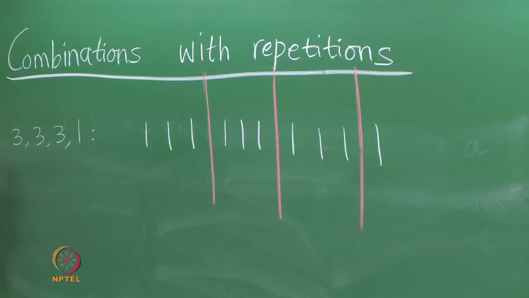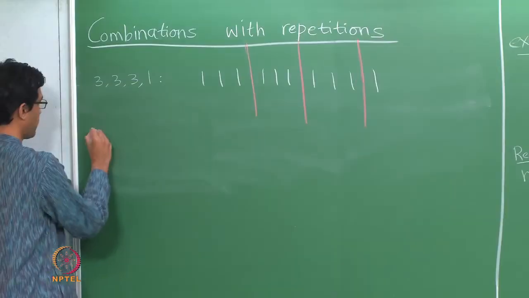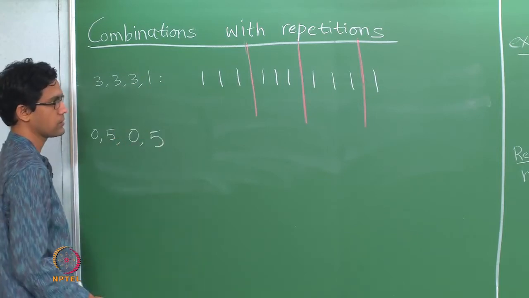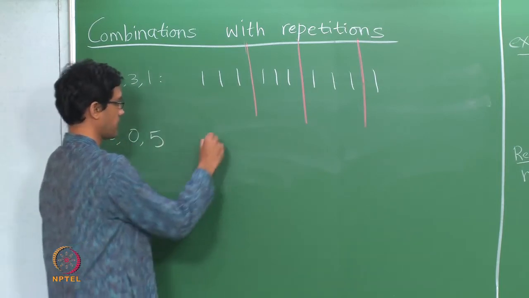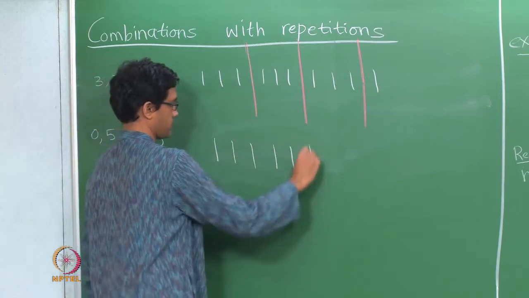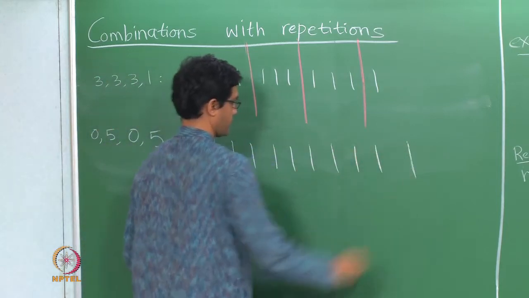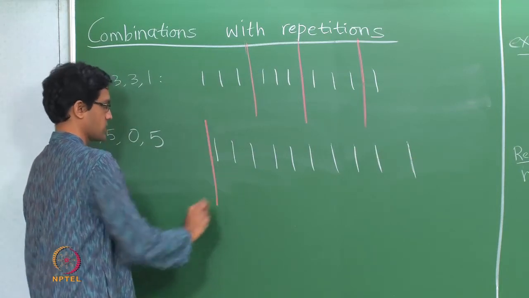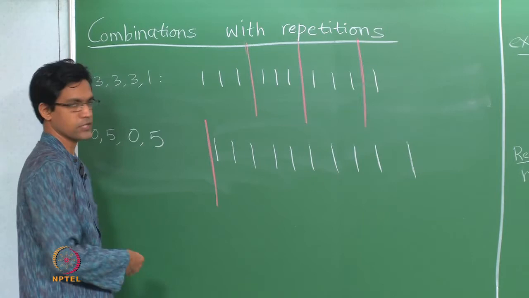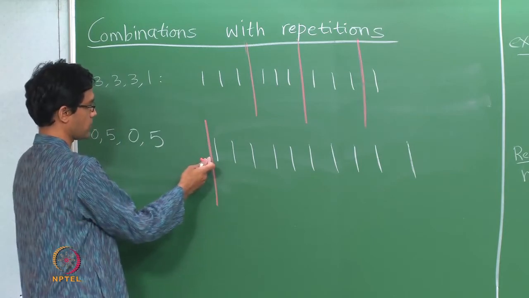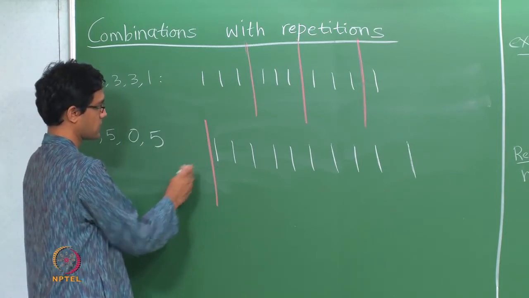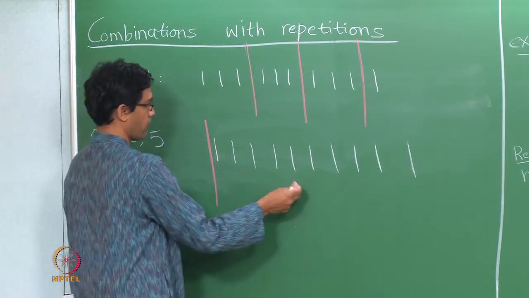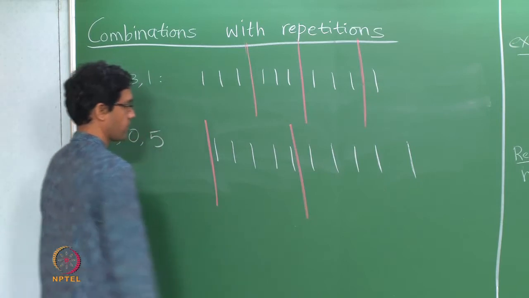Let's take our other example, 0, 5, 0, 5. That's yet another solution to this equation. Now how would that be represented? So 0 means that the first divider occurs right in the beginning of this list. The number of ones to the left of the first divider is a 0. Now I need a 5, so 1, 2, 3, 4, 5 ones later I have another divider.